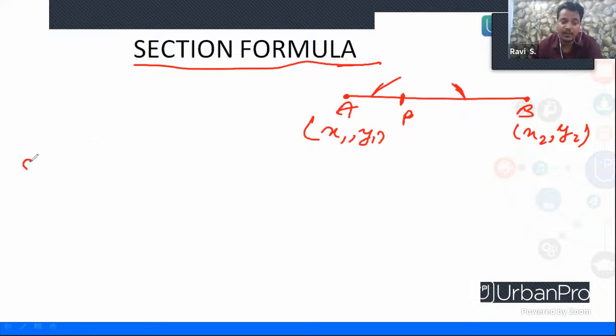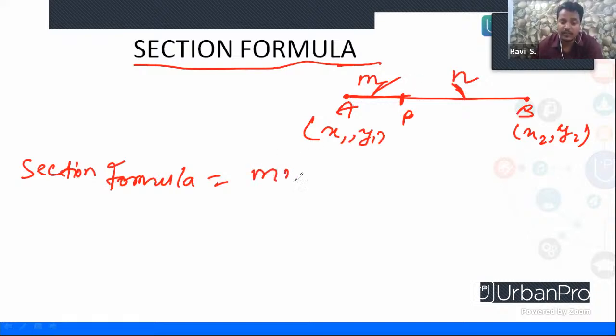What is the section formula? There will be two ratios, right? Suppose this is the ratio m and this is the ratio n. We will use this formula throughout. So it is (mx2 plus nx1) by (m plus n). We need to add the ratios in the denominator.